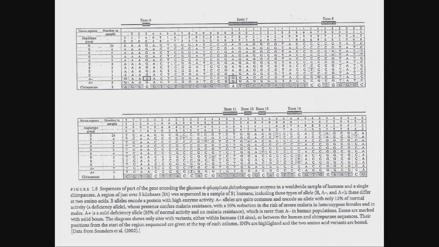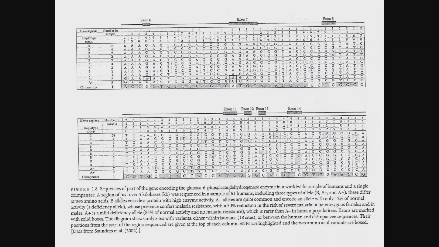What we have vertically are, first of all, sample sizes here, 24, if I can read this, 4, 2, 2, and down here. These are the sample sizes in this column for these alleles. So 51 humans were studied here, or sequences obtained from 51 humans.